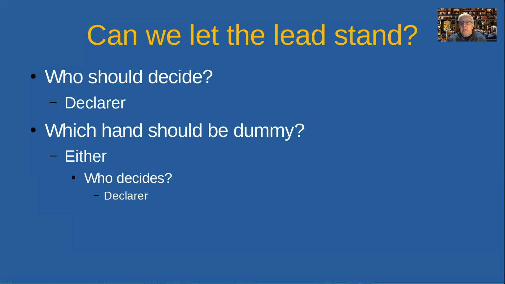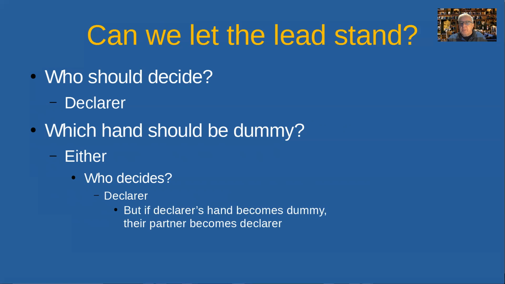It's going to be the declarer again. They have a chance to decide. But we can't be messing about with moving cards around or people getting up and walking around the table. So if they do decide to have the declarer's hand becoming the dummy, North isn't going to be the person playing it, their partner South is going to play this particular hand.